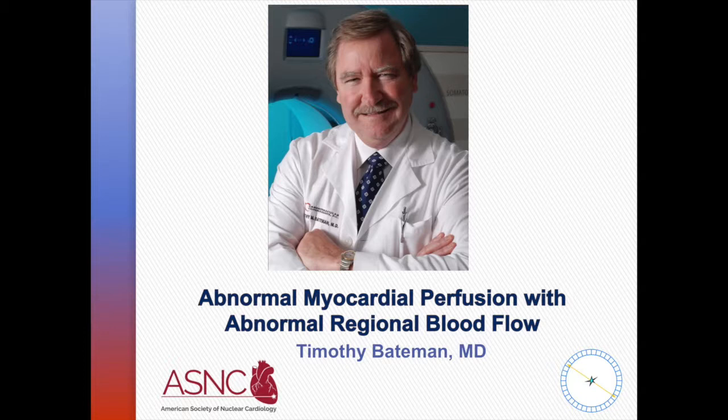The perfusion obviously is always going to look much better in territories when compared against one that's subtended by a chronically totally occluded vessel. That's right. And the question really comes down to can we recognize presence of disease in vessels that have better flow but still horribly abnormal flow.